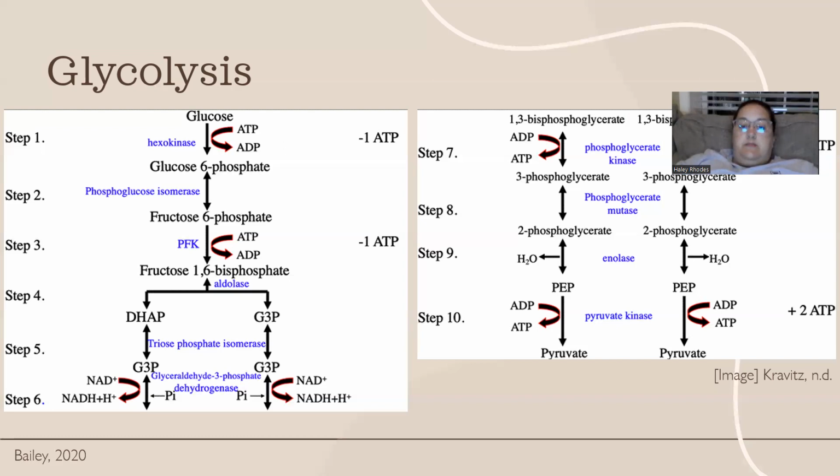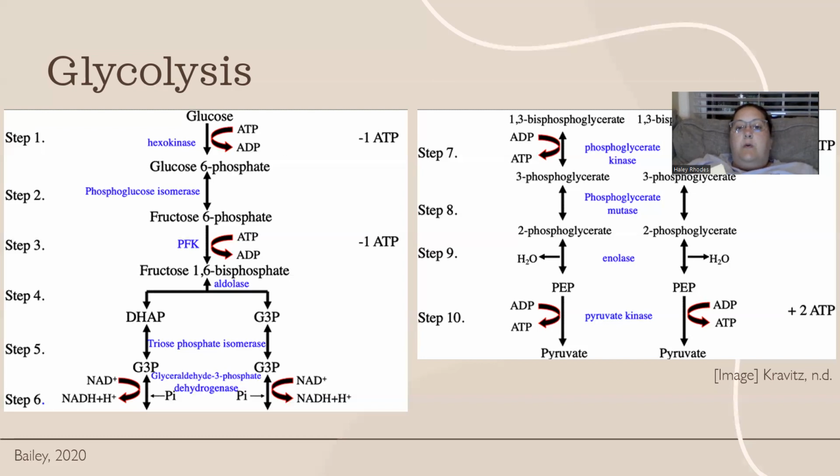So in glycolysis, we only net 2 ATP molecules because we used 2 ATP molecules in order to get through the whole process. We used 1 ATP molecule in step 1 and 1 ATP molecule in step 3.